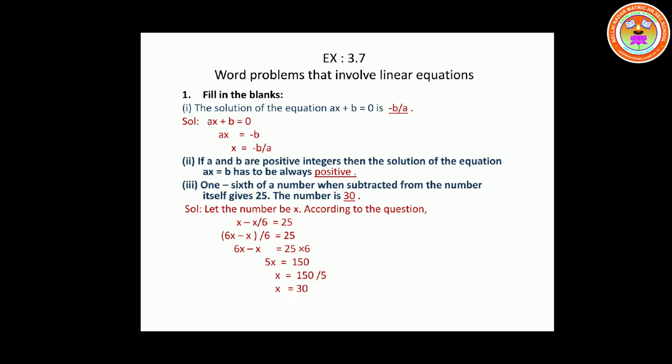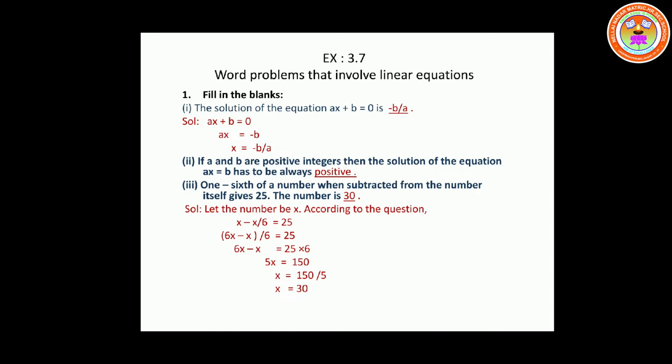When subtracted from the number itself, it is subtracted from x. So x minus 1/6 of the number, x by 6, when I subtract, the answer is 25. So that is the formation of the equation: x minus x by 6 is equal to 25, according to the sentence of the question.